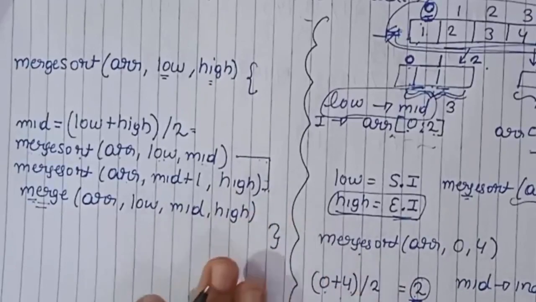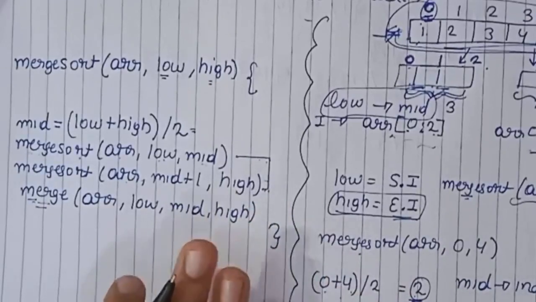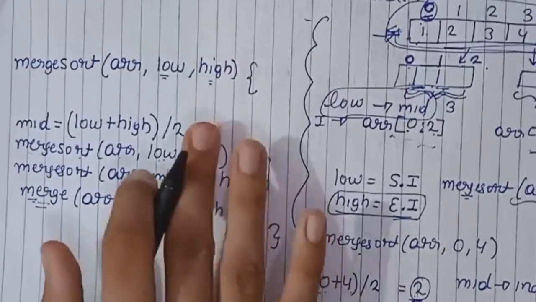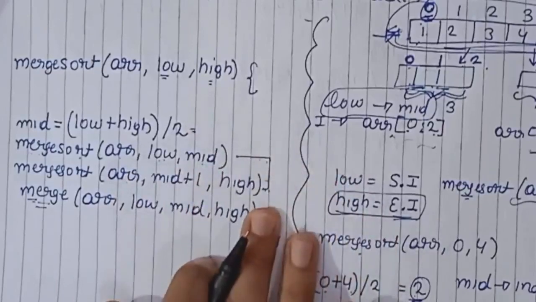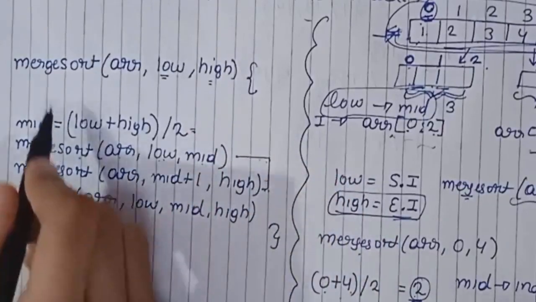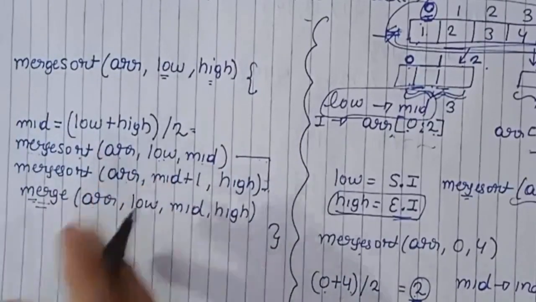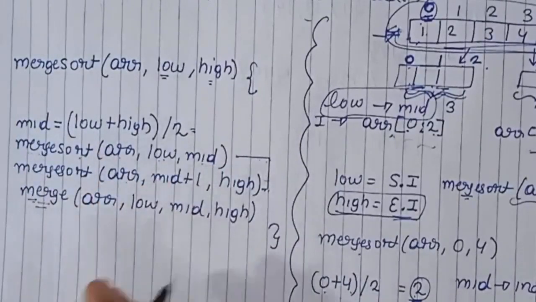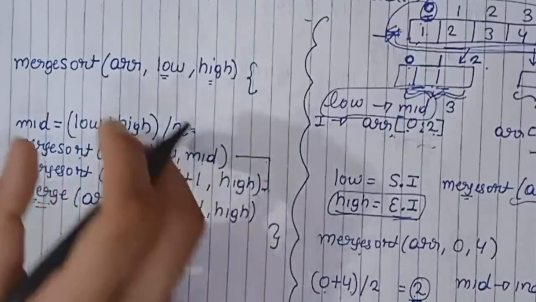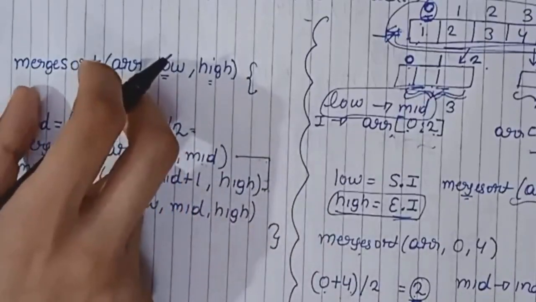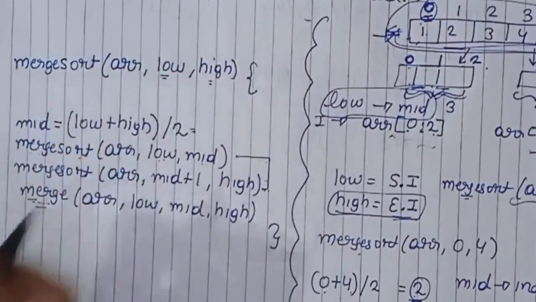Before going on to the dry run, let me tell you that since this is a recursive algorithm, as you can note that this function is calling itself, for a recursive algorithm there is some condition which will break the recursion.